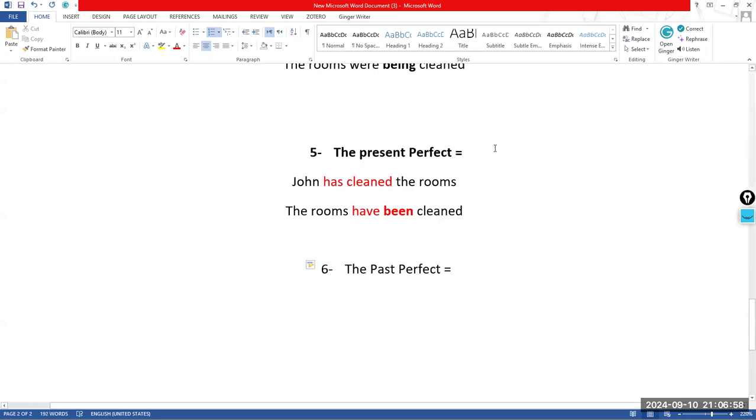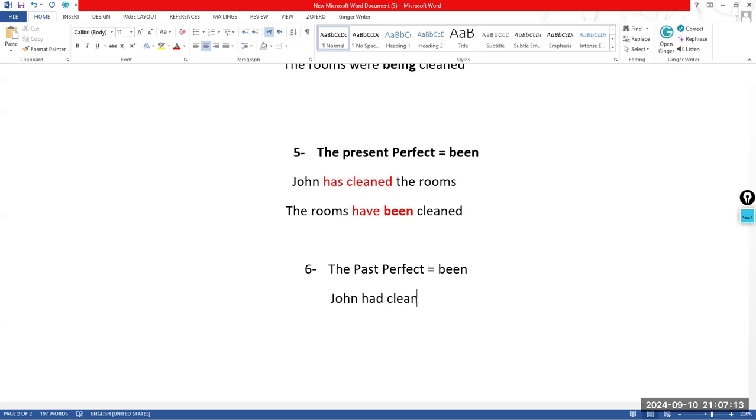Again, even if we have the past perfect tense, it is the same. So notice that in the past perfect tense, I have to write been. And here, because we have perfect, again, I have to use been. And I'm not going to change the example. John had cleaned the room. Okay, now please tell me the passive now. The room had been cleaned.